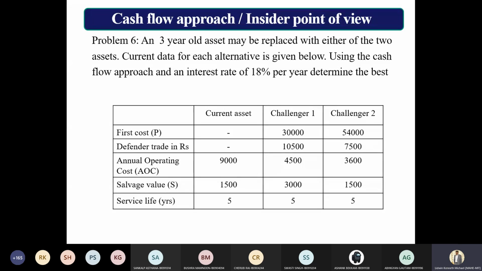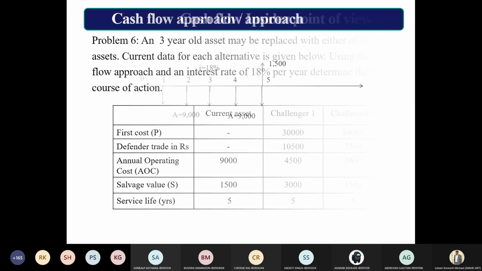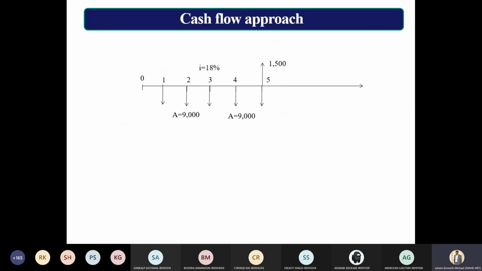Okay, we'll move on to the solution part. Since the defender has got no investment, even if the investment was given, it would have been a sunk cost. But if the book value or the market value was given, then it could have been considered. So it shows only the maintenance cost as well as the salvage value.